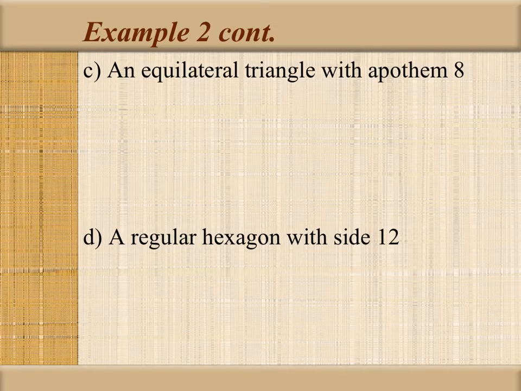This time I have an equilateral triangle. So let me draw a triangle here. So we know all sides are the same because it's equilateral. These are all regular figures. It doesn't matter.